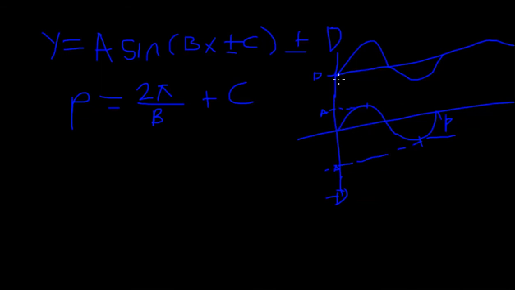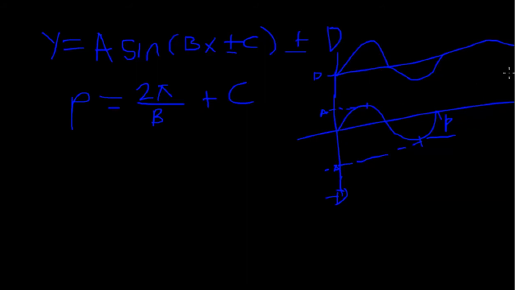So it will just shift the graph. And then there is also another thing we need to know, which I'll call the horizontal shift, which will shift the starting point of the graph.